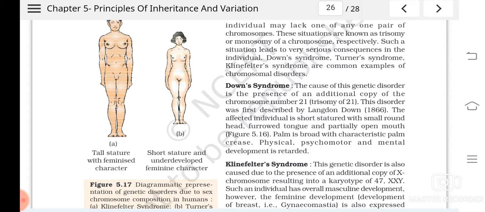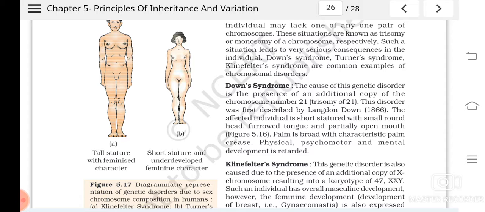Palm is broad, with a characteristic palm crease. Then physical, psychomotor and mental development is retarded. This you have to learn very thoroughly because the symptoms can be asked. These 3 diseases with their symptoms, their chromosomal conditions and the name, were asked many times.